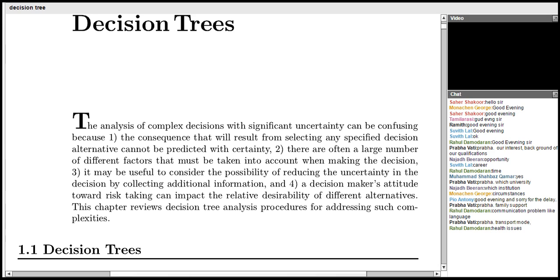Now, the third: it may be useful to consider the possibility of reducing the uncertainty in decisions by collecting additional information. Now, sometimes you want to make a decision. What does it mean? Maybe you want to choose a university. Maybe you want to work somewhere, and you don't really know what's going to happen. But to reduce the uncertainty, sometimes you can get extra information from other people who have more knowledge about that particular issue.